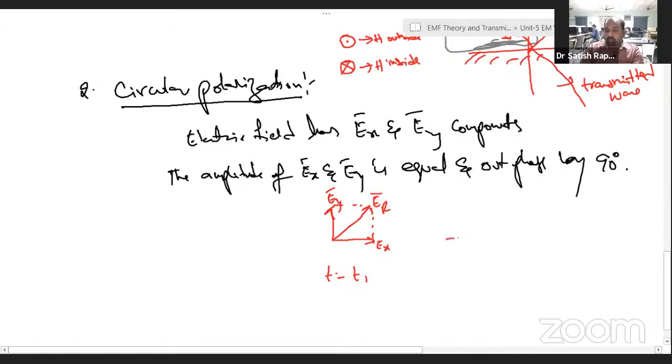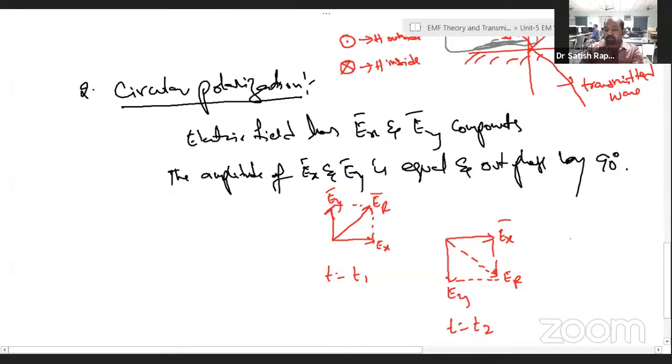At t equals t2, we have this one. This is Ex bar and this is Ey bar, then the resultant electric field is this one, at t equals t2, right?